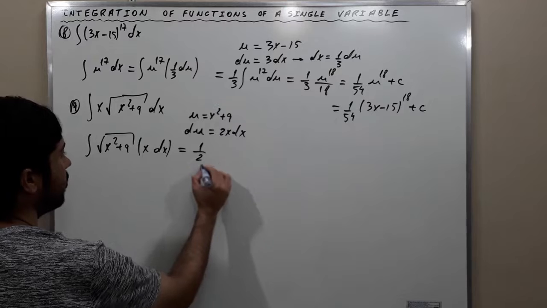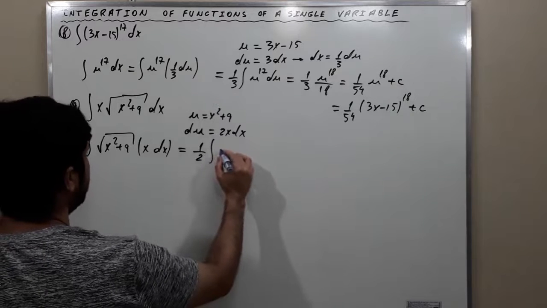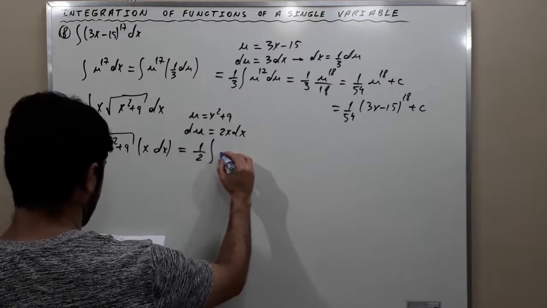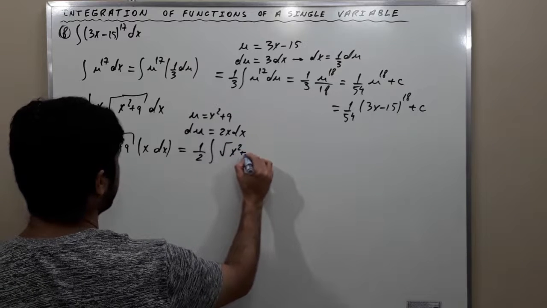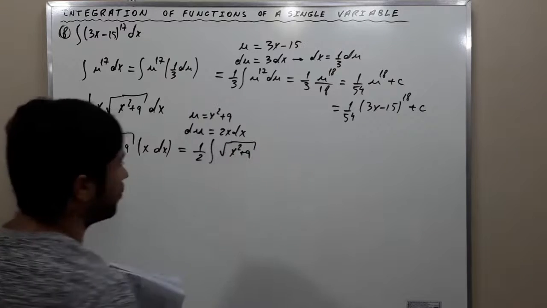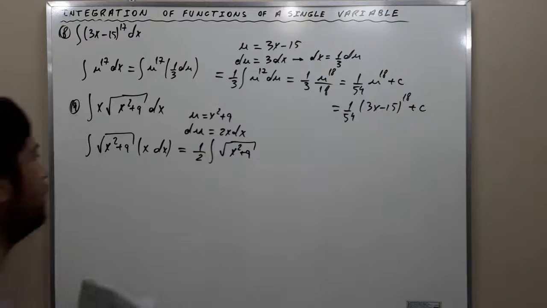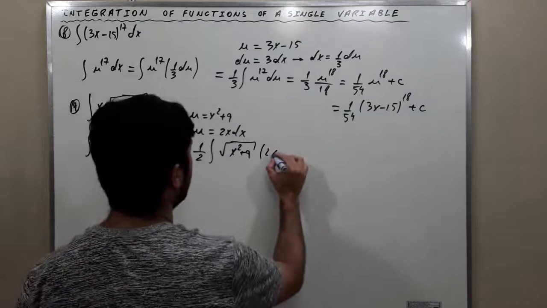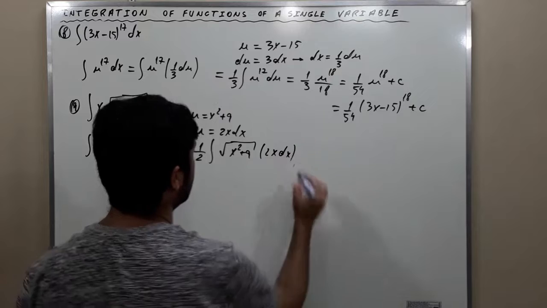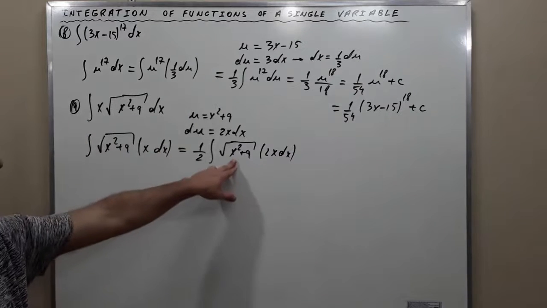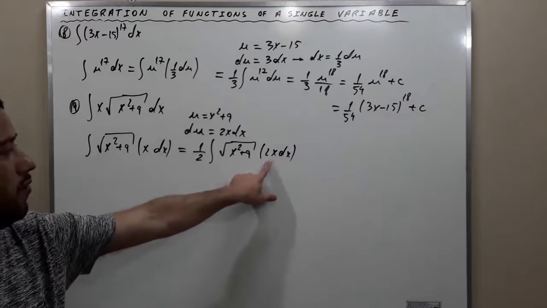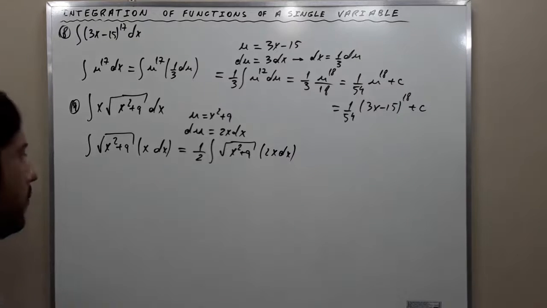So I divide it all by a half, okay? And I use the square root of x squared plus 9, 2x dx. Now I have everything that I need. I have u here and I have du here, okay?